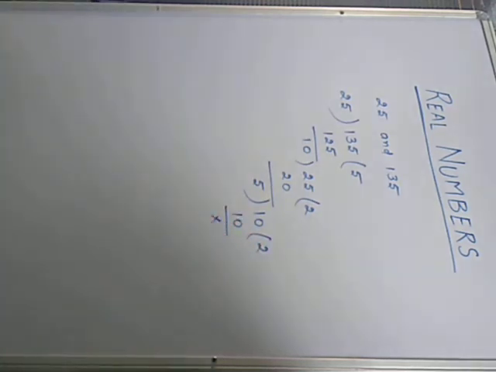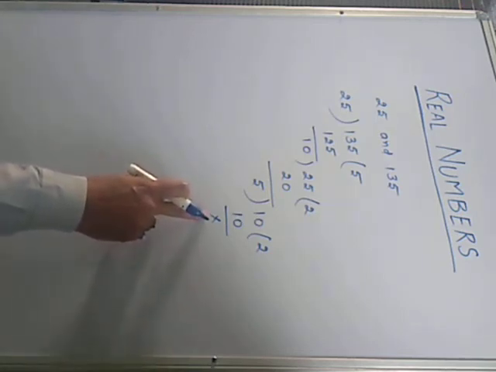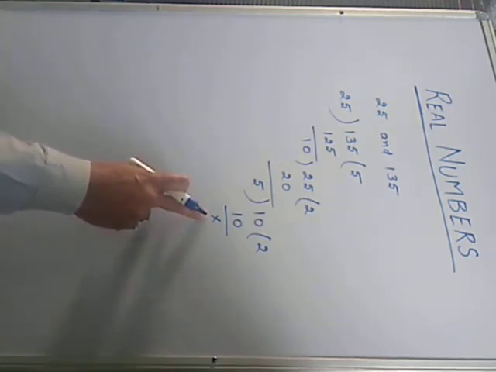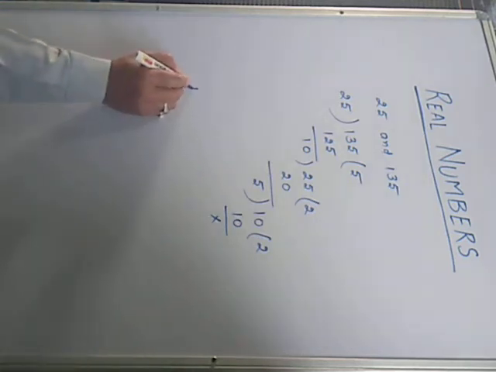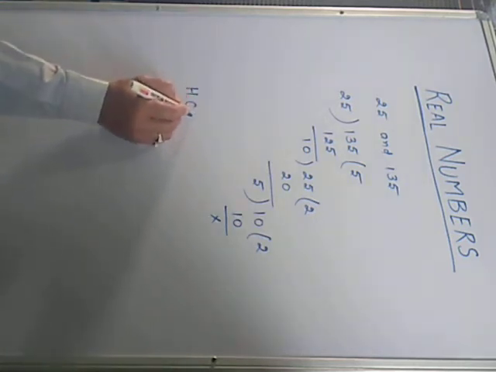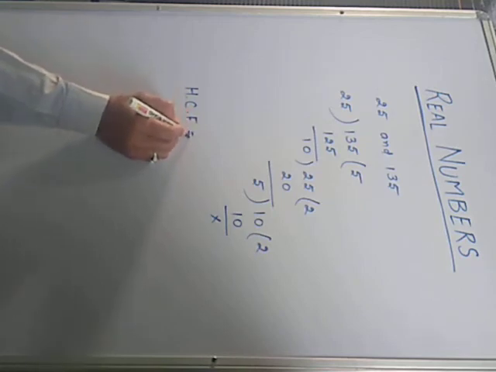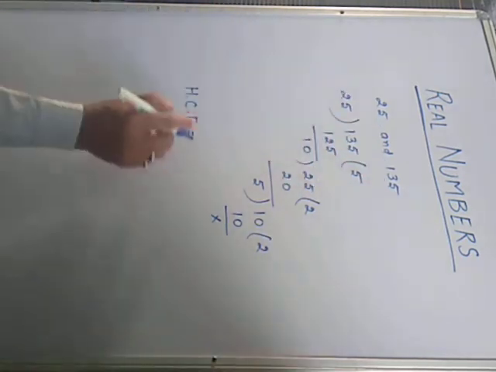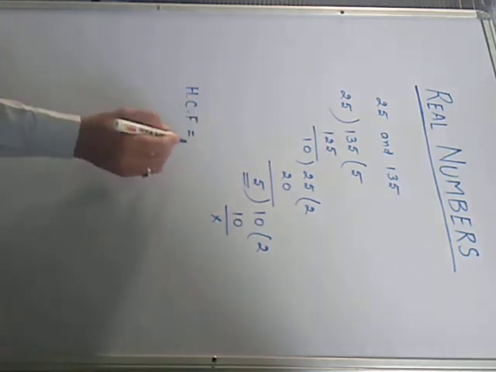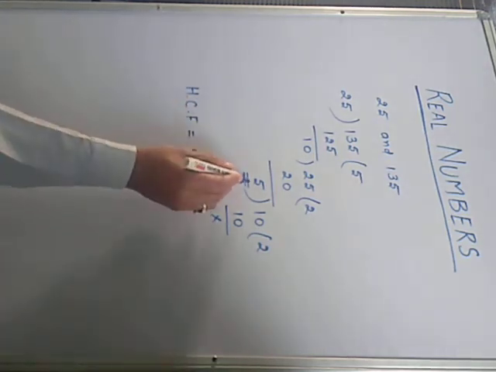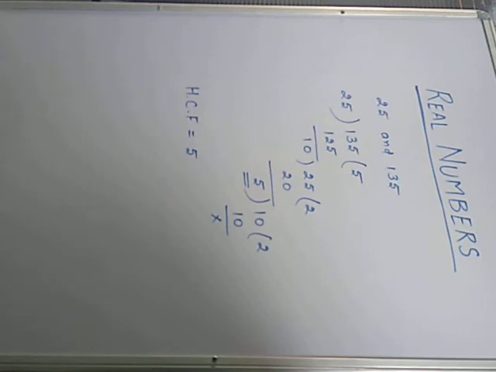We have to divide until we get remainder 0. So here the HCF, highest common factor, of 25 and 135 is 5, the number by which we get remainder 0. So this is one method, using Euclid's division algorithm, of finding the HCF of 25 and 135.